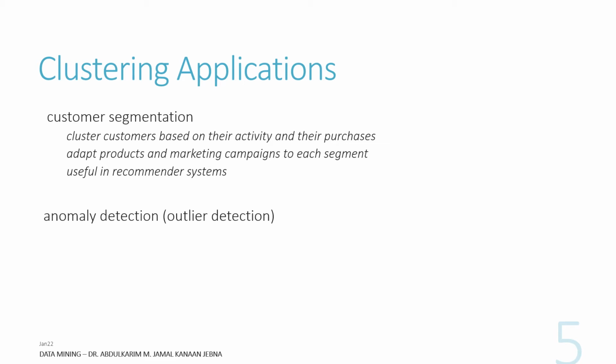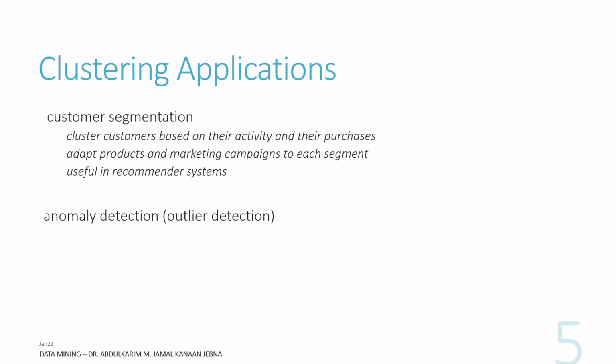Because based on these clusters, you may find what is the similarity for these different groups. I mean, what the characteristics, to be precise, are for each of these groups or clusters. And then based on these findings, you can adapt products and marketing campaigns to each of these segments.